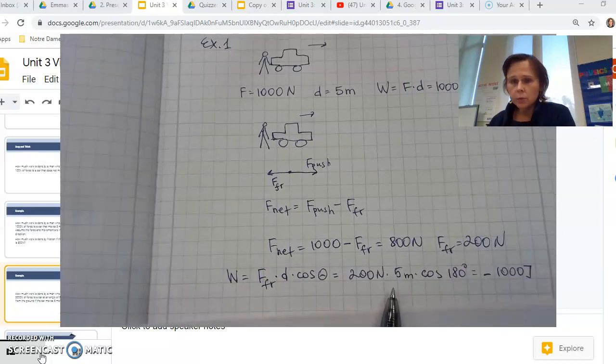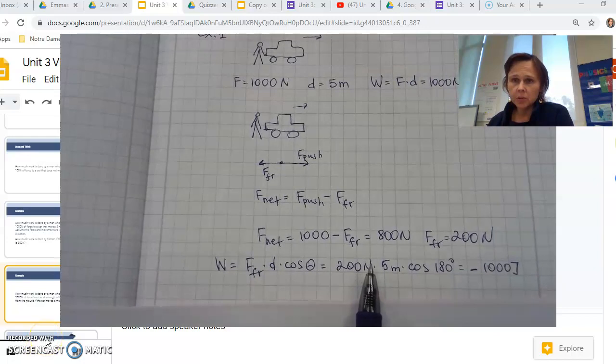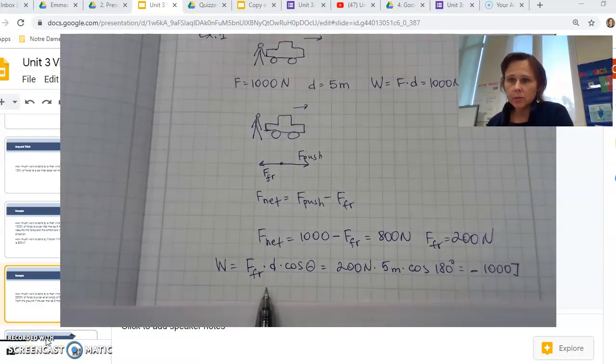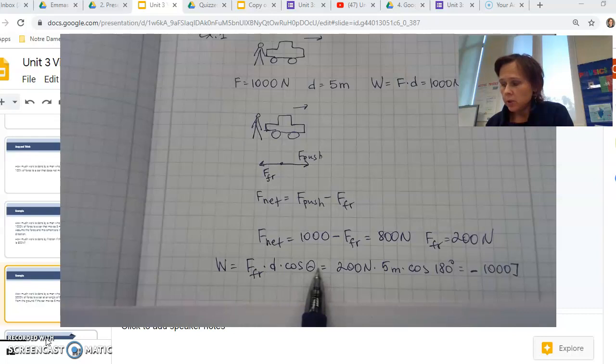And if we know the force of friction, we can find the work the friction does. But here we have to be careful. We have to put in the angle between the force and the displacement. So the general formula is force times displacement times the cosine of the angle between those two.